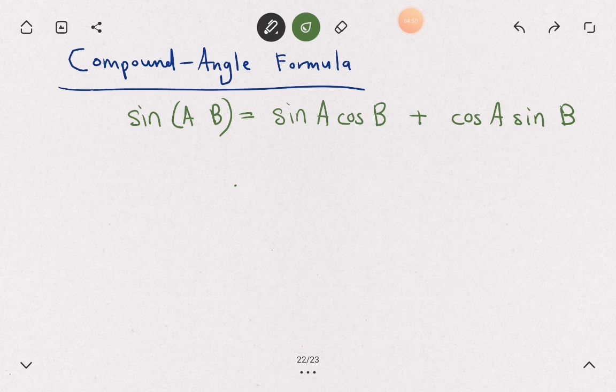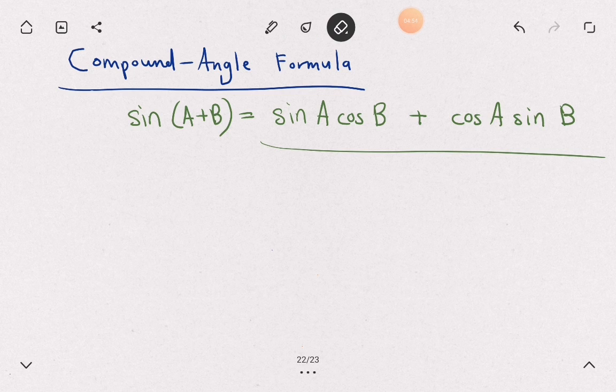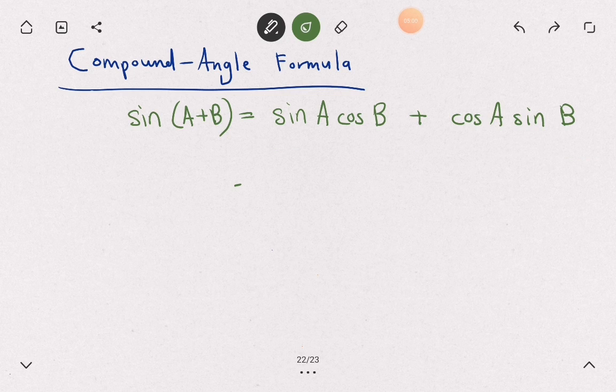Yeah, so for sine A plus B, this is the way you can write it: sine A cos B plus cos A sine B. And for sine A minus B, if you have a subtraction, not an addition, then it's the same formula, just change the sign, so it becomes minus.